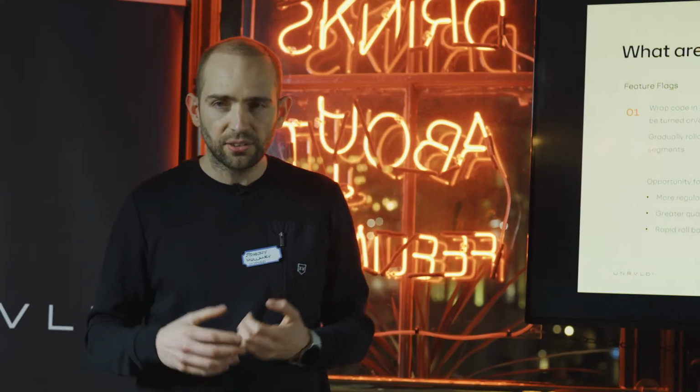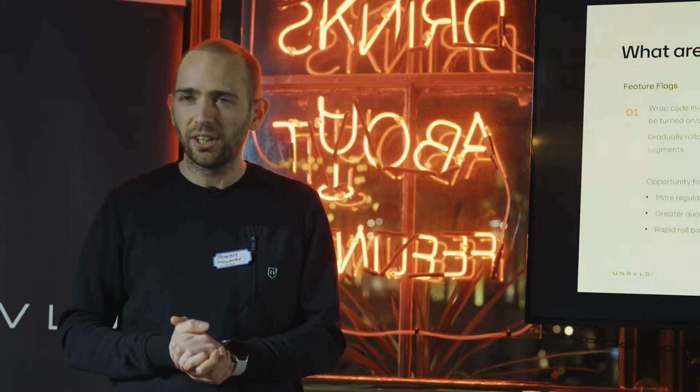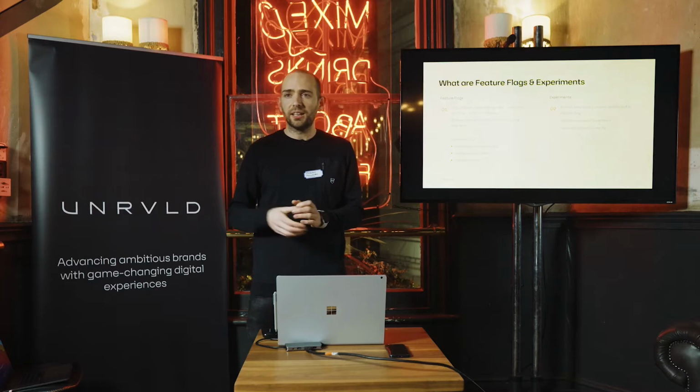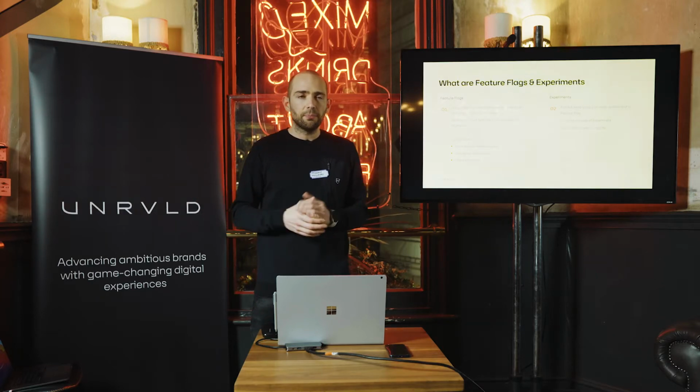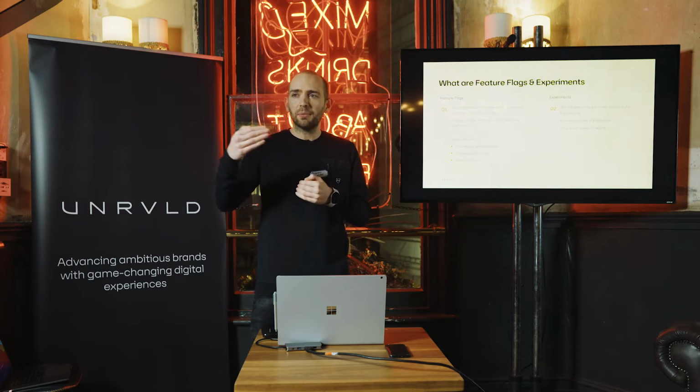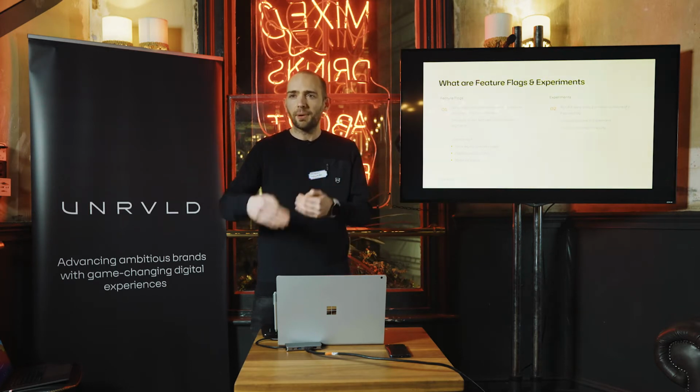So first of all, we'll do a product overview. There's two key things to get our heads around. The first thing is what a feature flag is. Feature flags are quite simple in that they're the opportunity to wrap your code in conditional statements you can turn on and off at will via the Optimizely API. And it's even more powerful with full stack because you can roll your features out to segments of your audience. You don't need to do that big bang, turn it on to everybody.